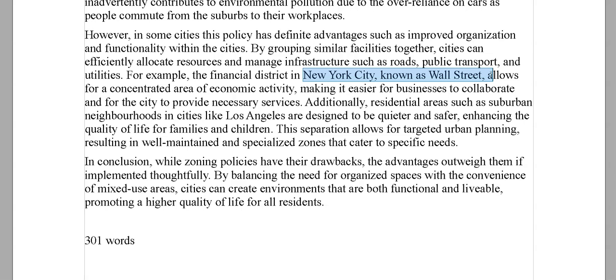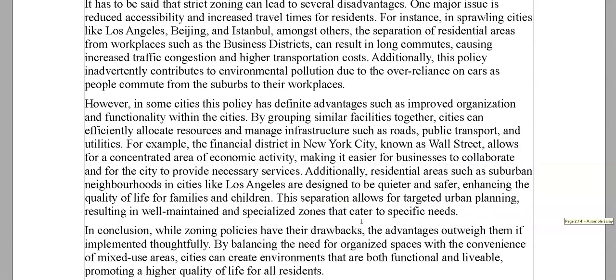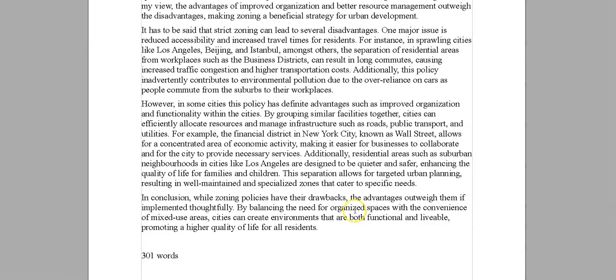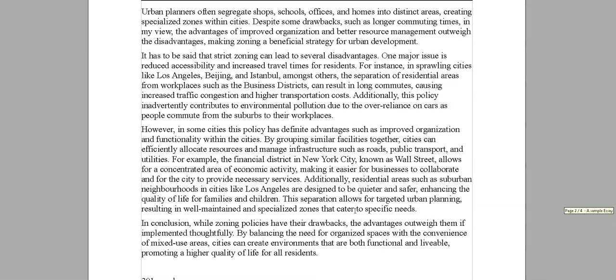So, there's some quietness, there's some safety, makes it easier. So, they do have some drawbacks, but if it's implemented correctly, then it can work out. Okay? Anyway, I'll just put the whole thing on the screen so you can have a peep and see it all in one go.